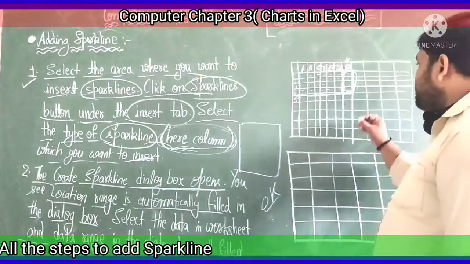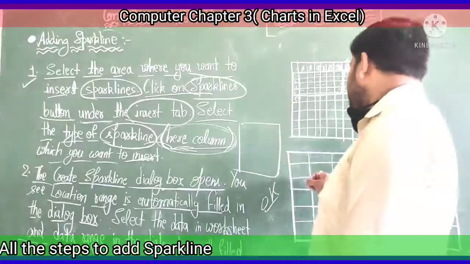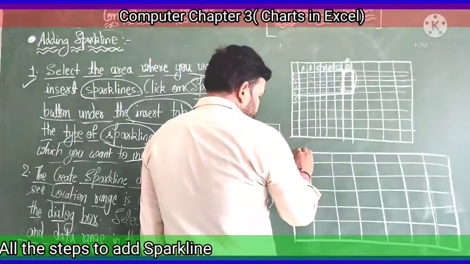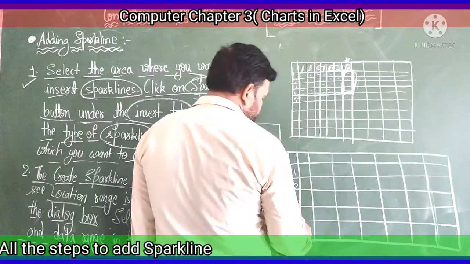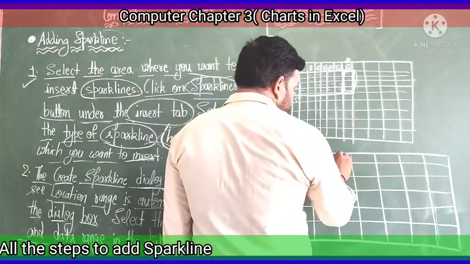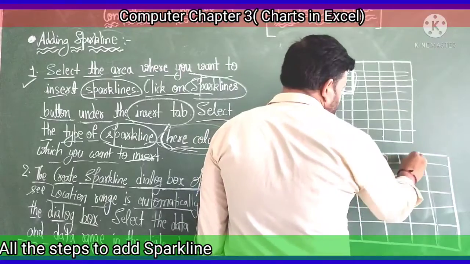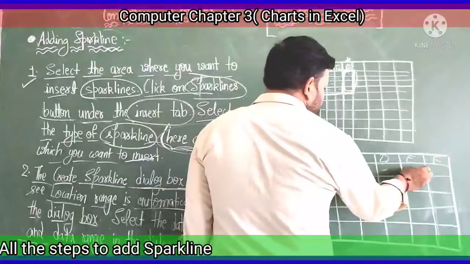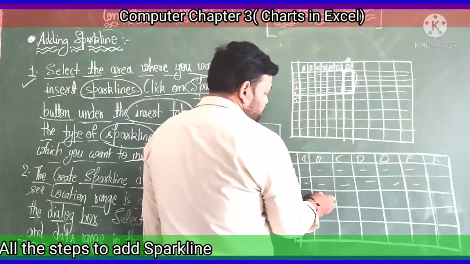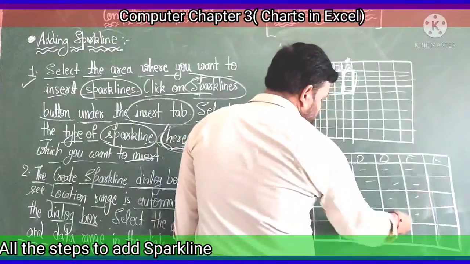you can see a tiny chart. Suppose 1, 2, 3, 4, A, B, C, D, E, F, this is the data series. Here you can mention your data.